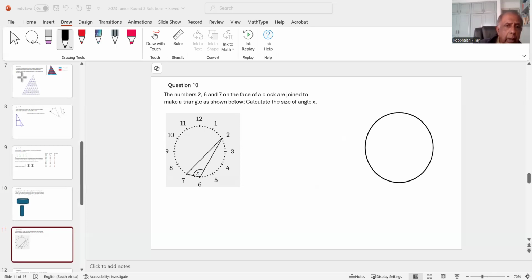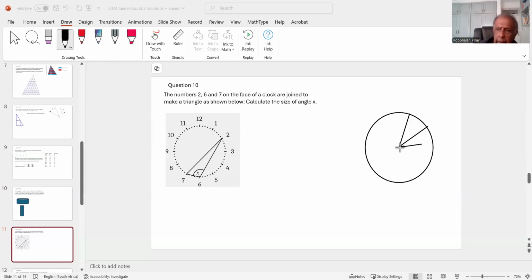So I'm going to take the center of this clock and join it to any two of these numbers, 1 and 2, for example, two consecutive numbers. Right, so what is this angle? We can actually calculate this angle. The reason being that you can divide this entire thing into 12 pizza slices.